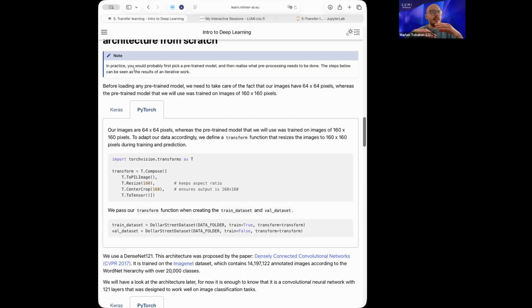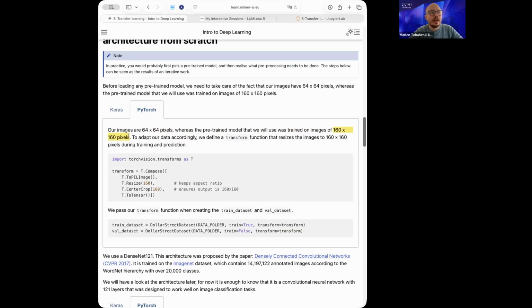The logical flow here is maybe not optimal, but we are going to assume, before actually looking at the model that we are going to train, that this model doesn't take 64 by 64 pixels, but much larger images.